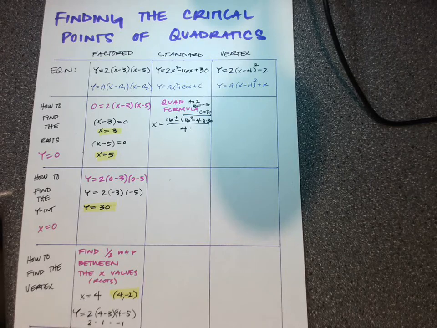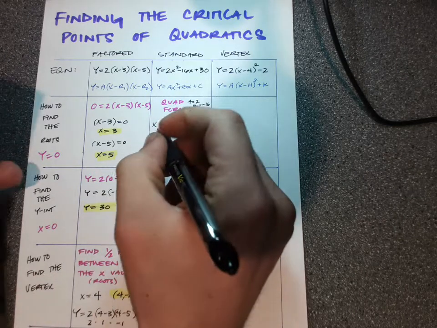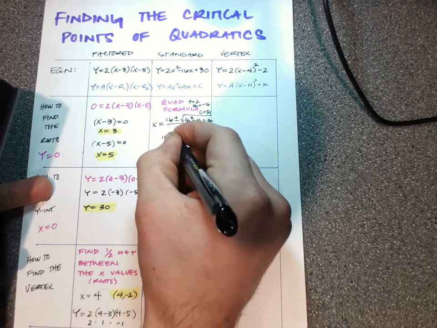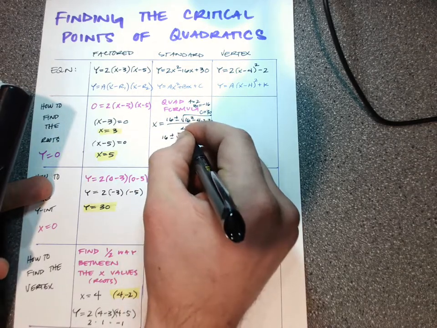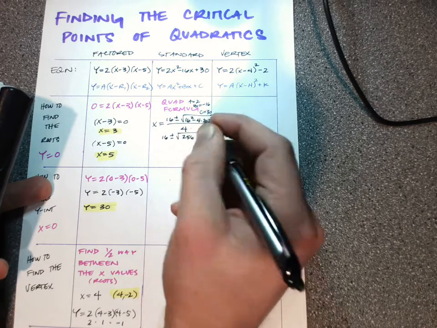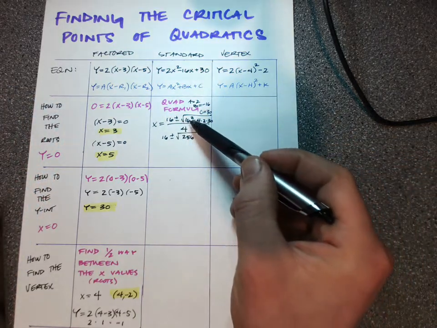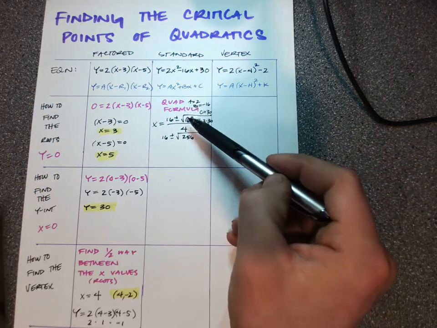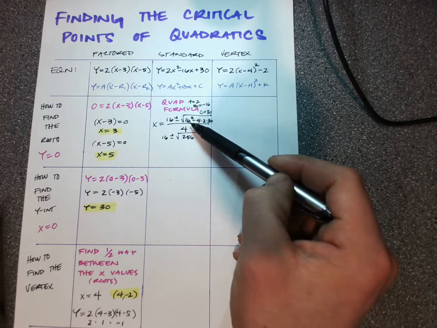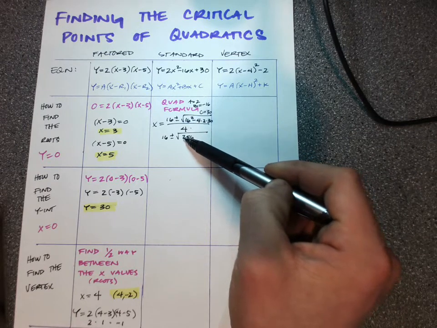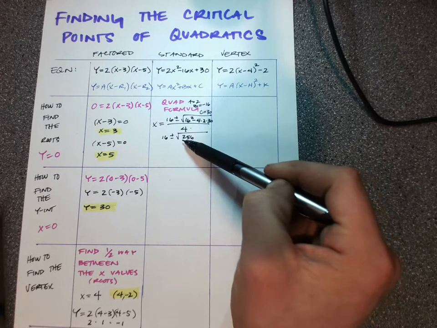So if we go ahead and compute these things, that would be 16 plus or minus the square root of 256. And you'll notice here I wrote 16 instead of negative 16. I tend to do that to avoid potential mistakes, because when we square it, we always get a positive number.